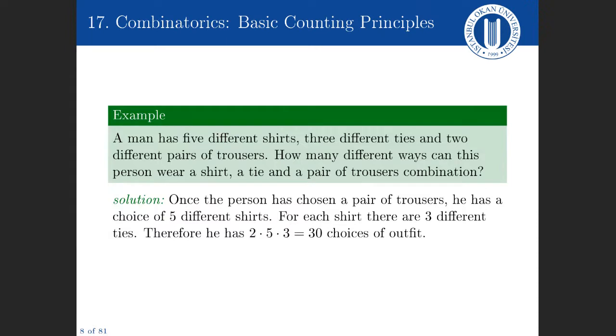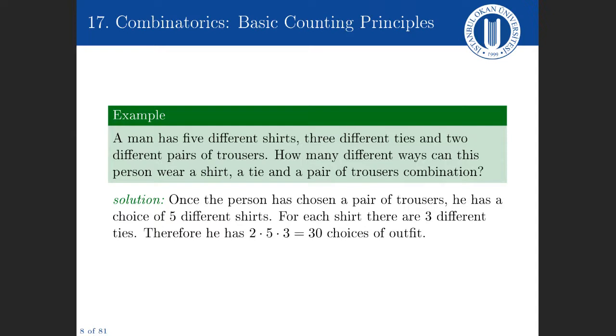For example, let's suppose a man has 5 different shirts, 3 different ties, and 2 different pairs of trousers. In how many different ways can this person wear a shirt, tie, and a pair of trousers? So first he must choose, let's say, a pair of trousers.